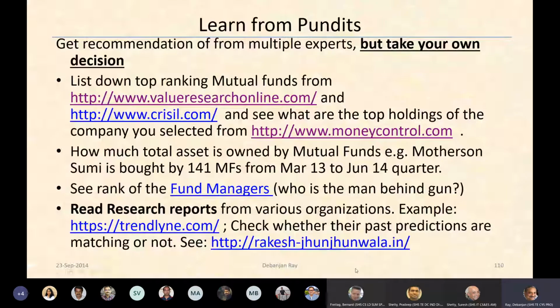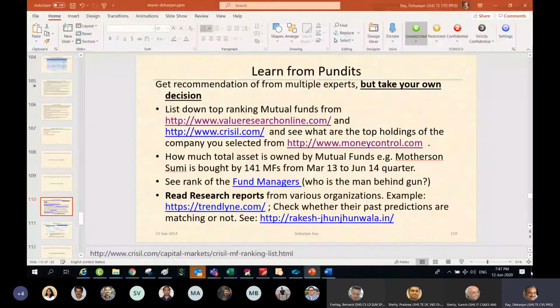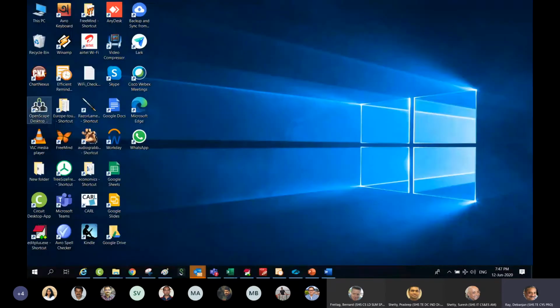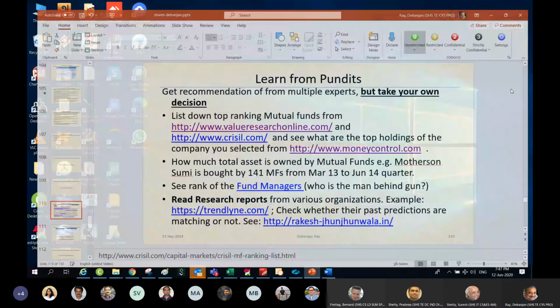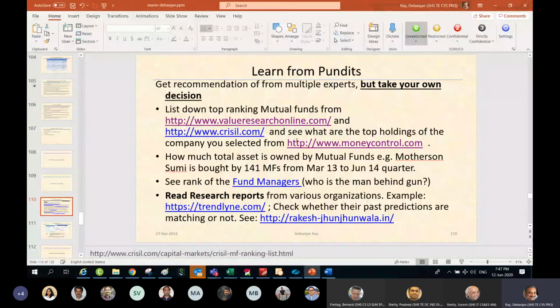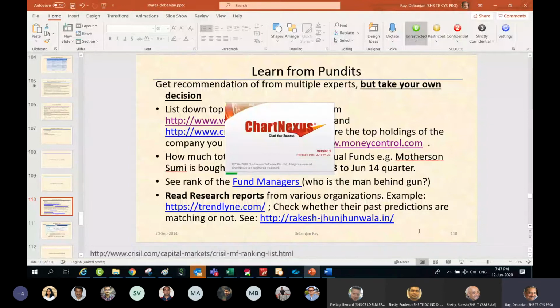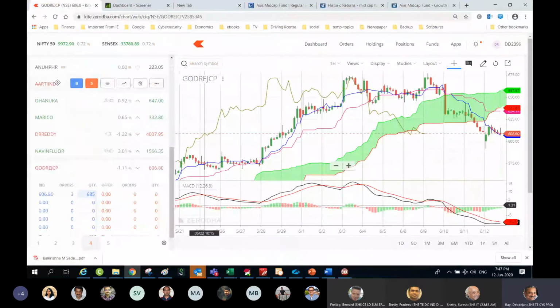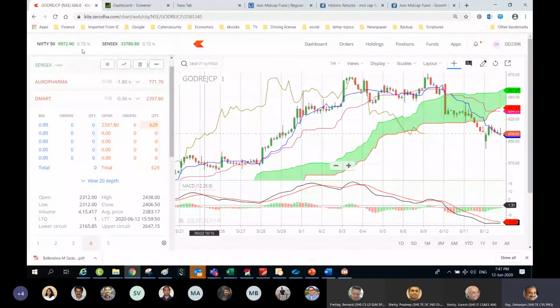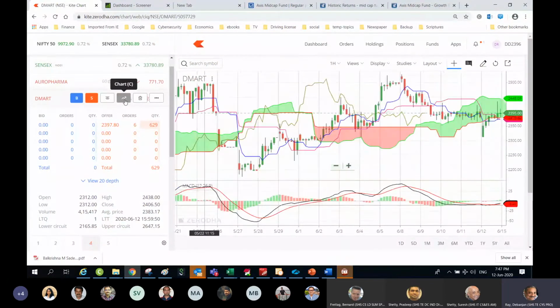And now you can go for the individual decision. Let me open our stock market, and then conclude about that particular stock. For example, if I go here and go for Avenue Supermarket or DMart.